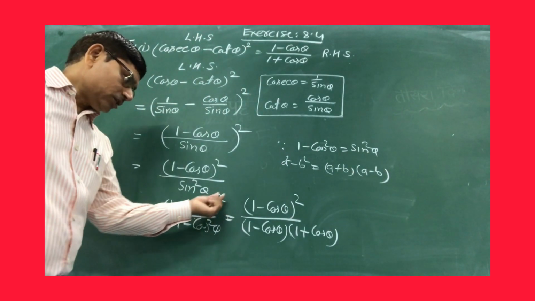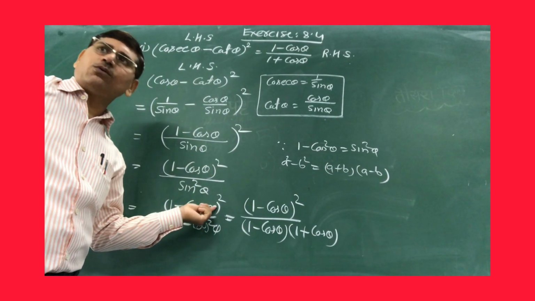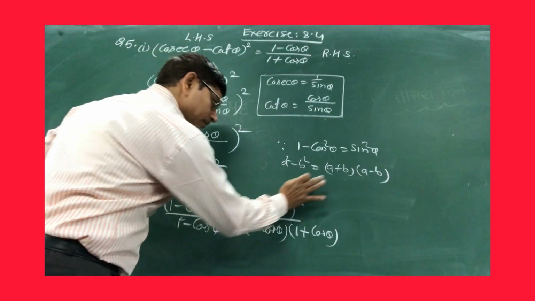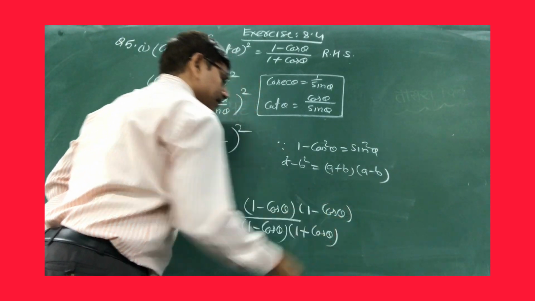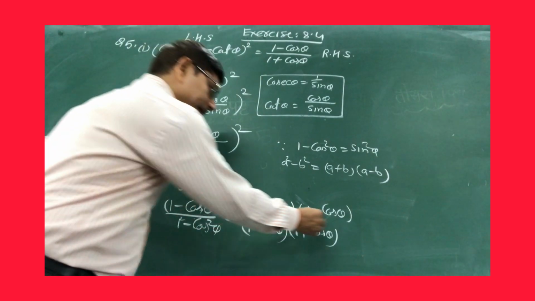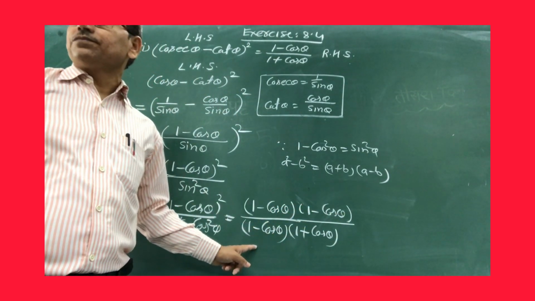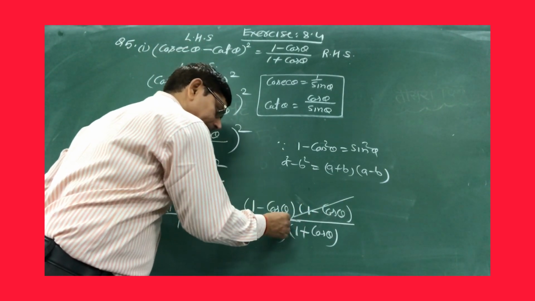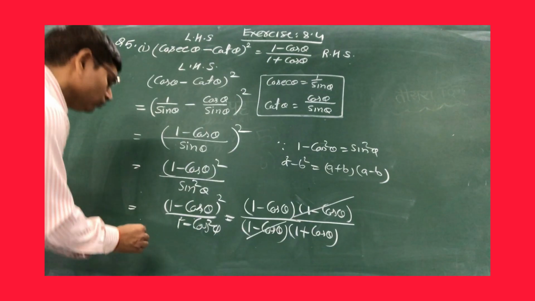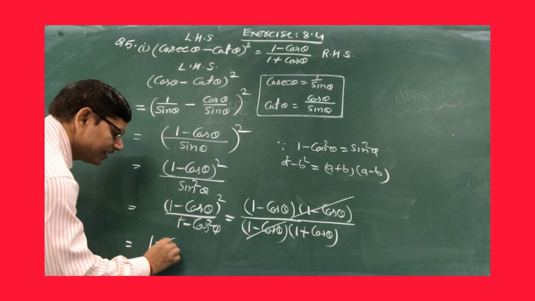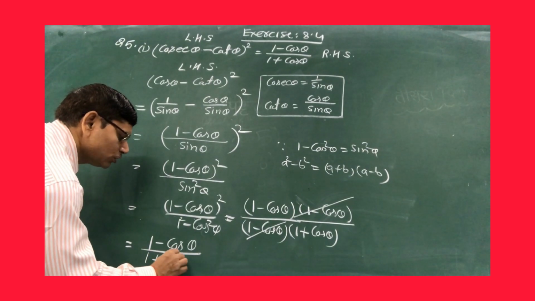So this (1 minus cos theta) whole square is written as 2 times, that is (1 minus cos theta). Now you can observe that in the numerator and the denominator something is the same, so this is cancelled out. Now the remaining things you can write: you will get (1 minus cos theta) divided by (1 plus cos theta).